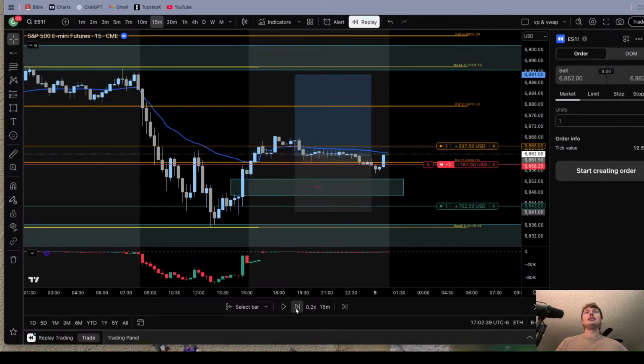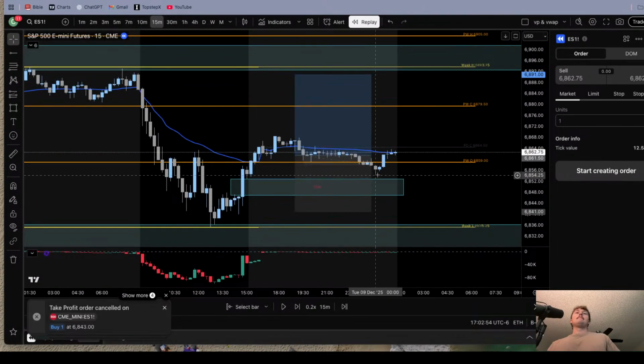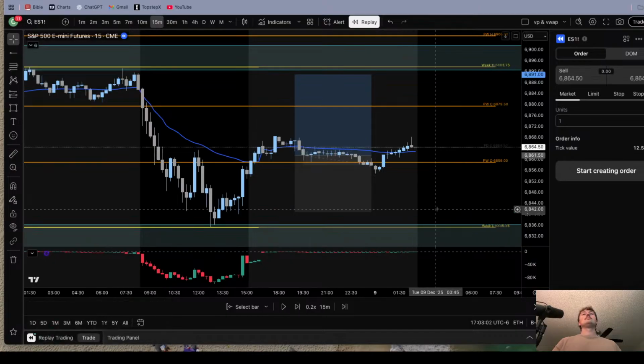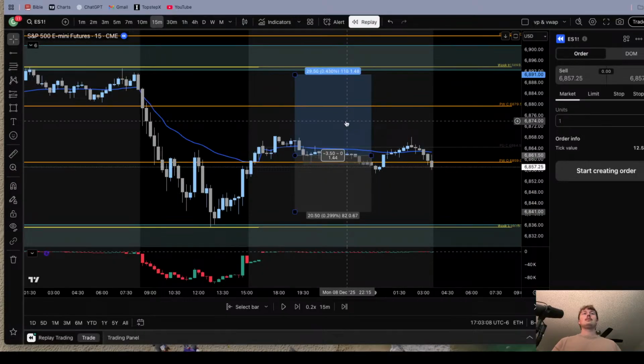It's not above VWAP yet, but it might take me out. That's okay. I'm getting out. All right, and I'm not even awake, so we're gonna skip ahead here. $230. Yeah, I did not do that.